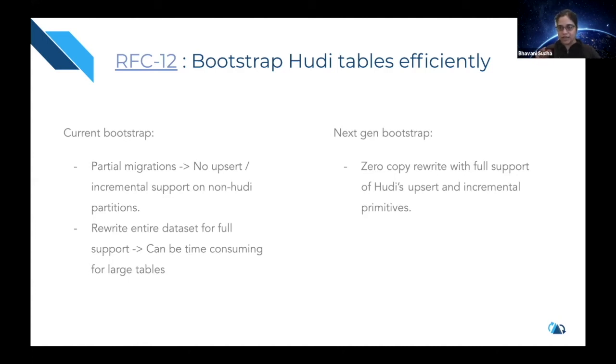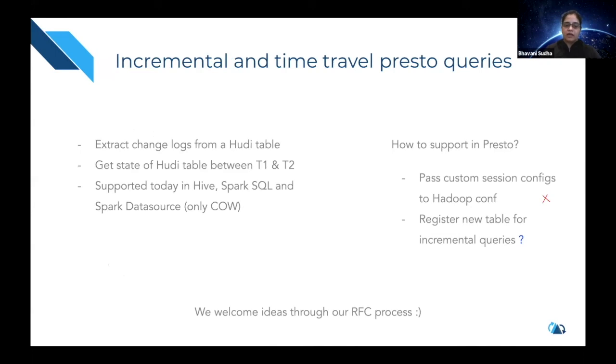We could leverage those changes in Presto to also support these complex splits in the Bootstrap project. And the next thing is incremental queries and time travel queries. These are already supported in Hive and Spark. For Hive, we pass these configs to the Hadoop conf, and we're thinking about how to support them in Presto.